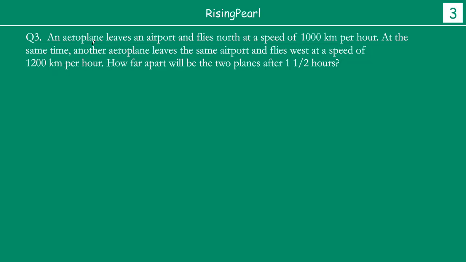So what we have is an airport, and one aeroplane flying north at a speed of 1000 km per hour. At the same time, a second aeroplane is leaving the same airport, but it is flying west at a speed of 1200 km per hour. How far apart will the two planes be after 1.5 hours?